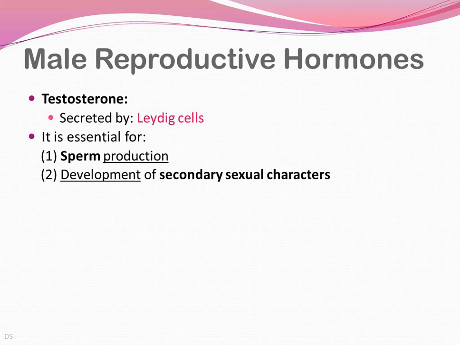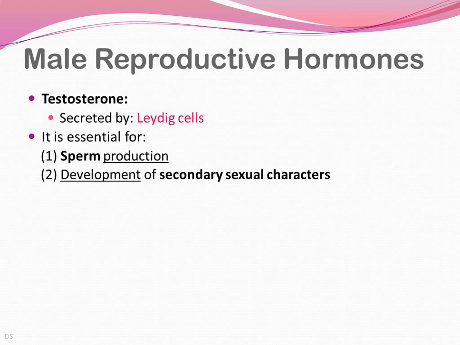Why? Because the mucosal folds present in the larynx are influenced by the presence of testosterone. Testosterone in females is less, that's why they have a high pitch. In males there is low pitch, leading to the hoarseness of voice. Similarly, the skeletal muscles develop more in males, so there is a muscular structure. The male body is designed to perform hard work, so that muscularity of the skeletal muscle is definitely under the influence of testosterone.